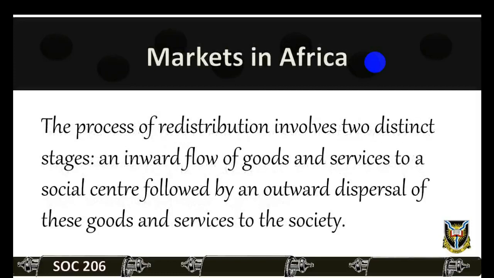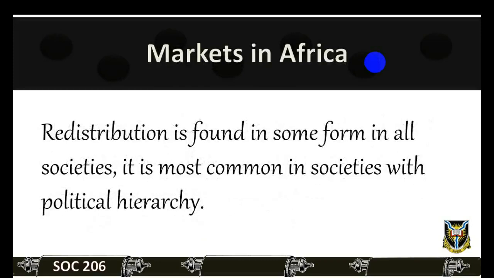The process of redistribution involves two distinct stages: an inward flow of goods and services to a social center, followed by an outward dispersal of these goods and services to the society. Although redistribution is found in some form in all societies, it is most common in societies with political hierarchy.